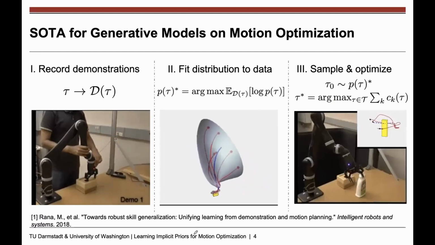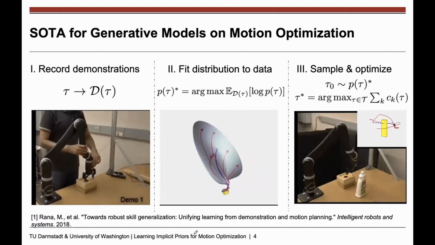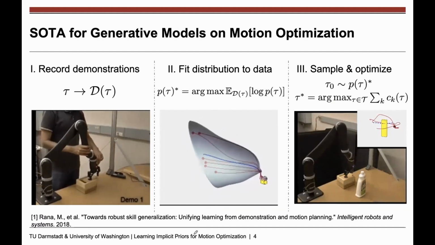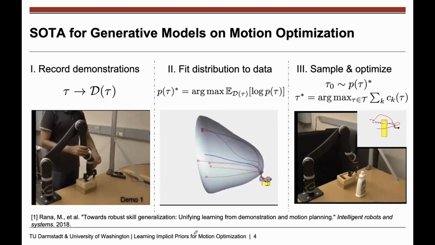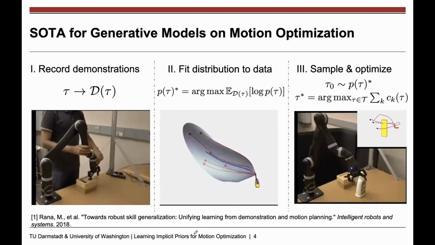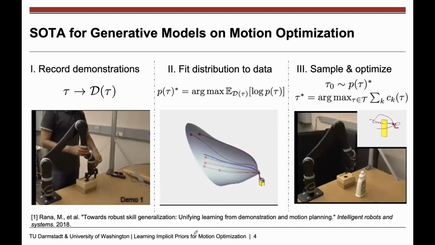Then in practice, we can initialize our optimization problem by sampling a trajectory from the learned demonstration that represents the task that we aim to solve, and then once we have this sampled trajectory, we can optimize to solve additional objectives, such as obstacle avoidance.